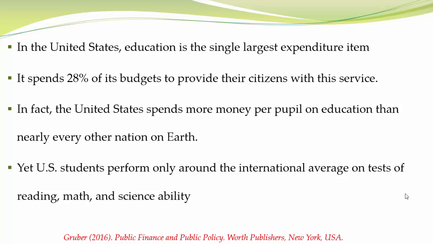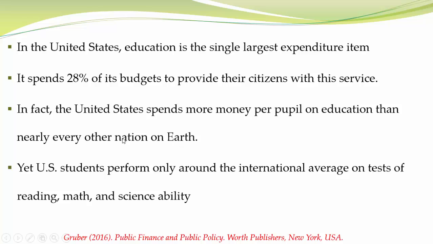In the United States, education is the single largest item. It spent 28% of its budget to provide its citizens with this service. In fact, the United States spends more money per person on education than nearly every other nation of the world.